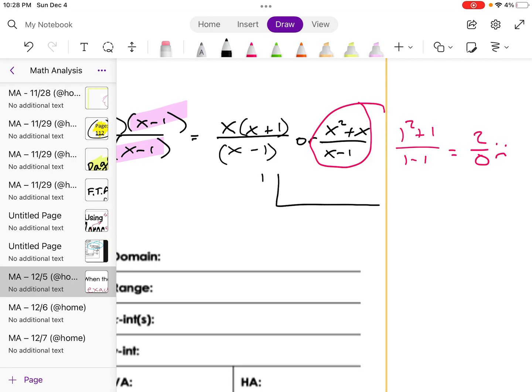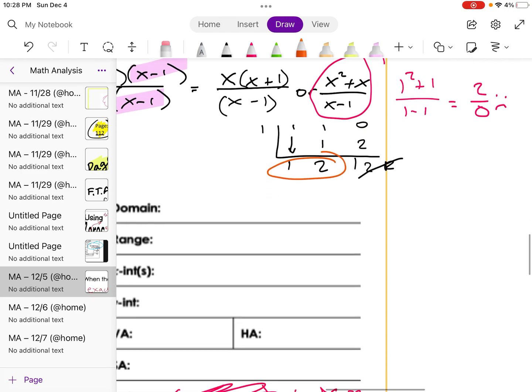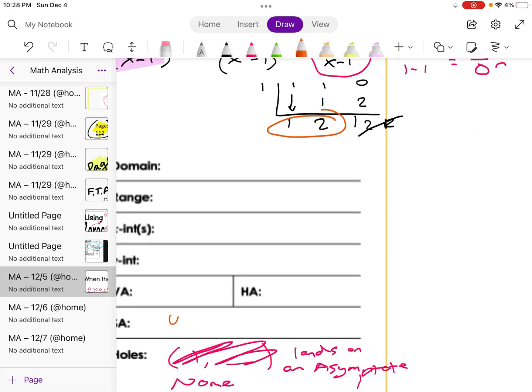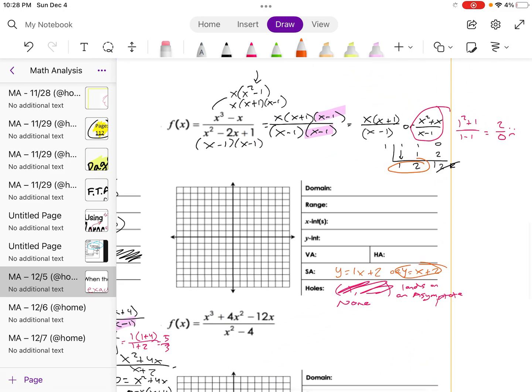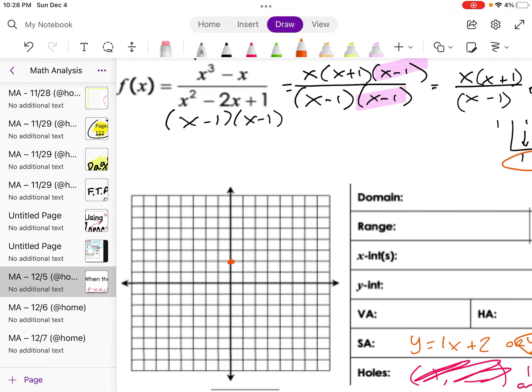Okay, let's do our slant asymptote. So I'm going to take this equation and do synthetic division. 1, 1, 1, 0. 1, 1, 2, 2, 2. It's my remainder. I don't care about it. So I'm going to look at this piece and write my slant asymptote, which is going to be y equals 1x plus 2, or just x plus 2.